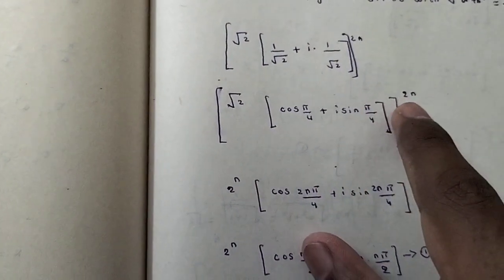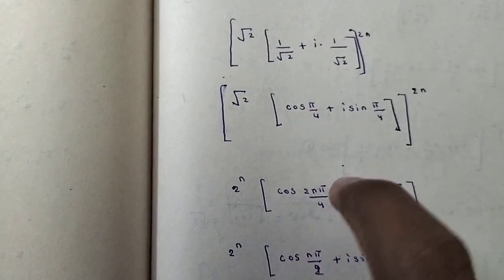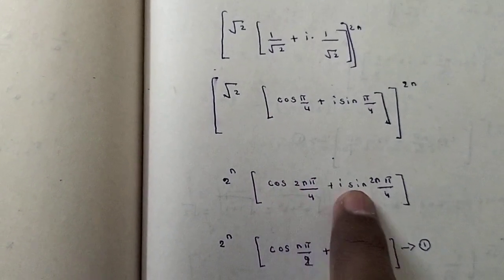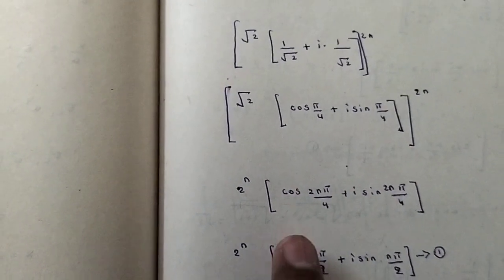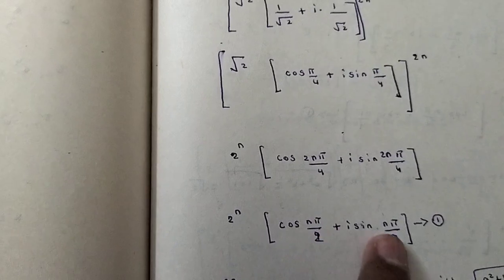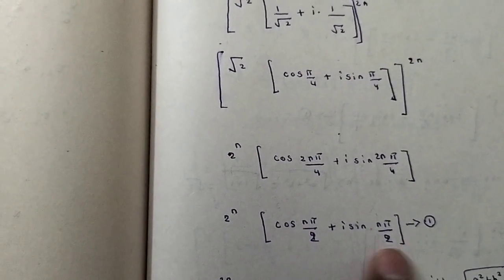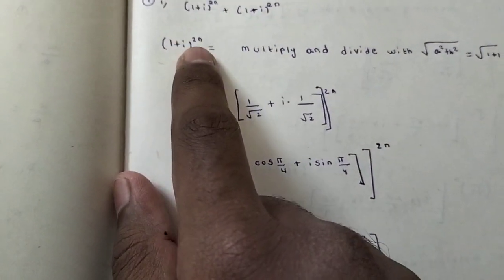Now I took this 2 to the power of n inside the bracket. So I got cos 2nπ/4 + i sin 2nπ/4. So 2 gets cancelled and that remains nπ/2 in both cases. I am considering this as the first equation. This one I did for (1 + i) to the power of 2n.